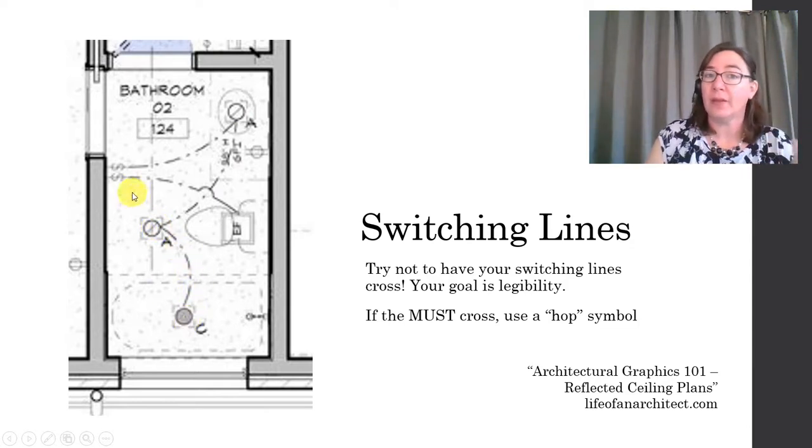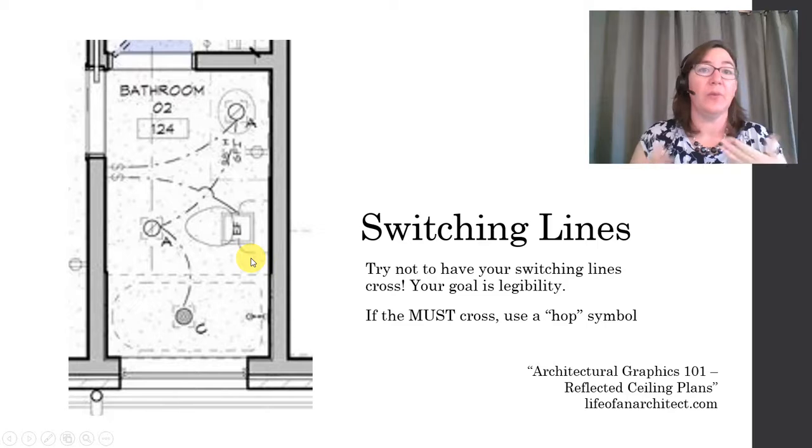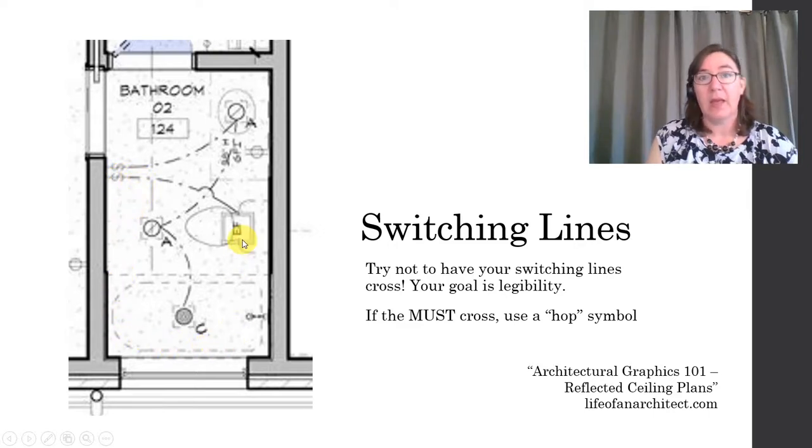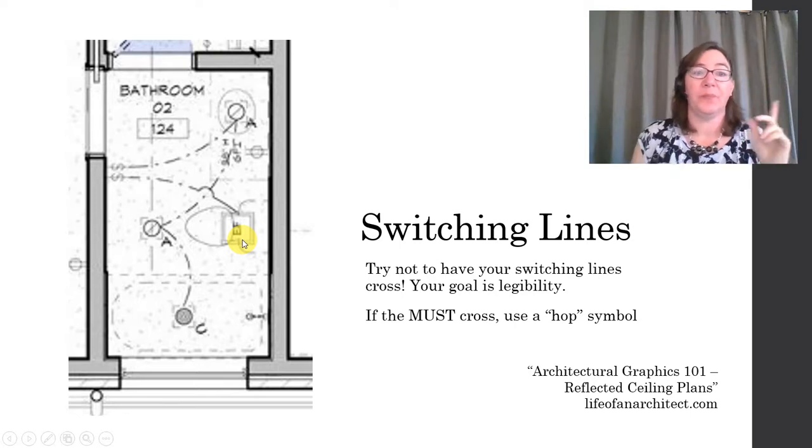This second switch connects to the exhaust fan. How are you going to draw these lines without crossing them? Well, there is actually a way. If the designer wanted to, you could make this line go all the way around and connect, but that actually might be a little confusing.